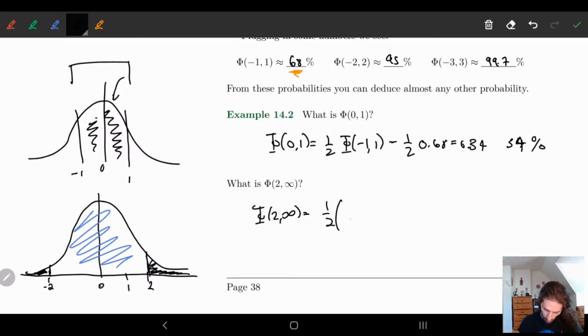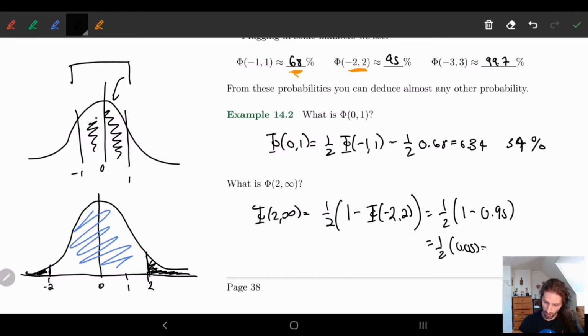So we actually have 1/2 of 1 minus phi of minus 2, 2. That's what I want to do. So a lot of this is just manipulation to try to figure out what to do. I know exactly what minus 2, 2 is from before. So I have 1/2 of 1 minus 0.95. So it's 1/2 of 0.05, which is 0.025. Right, so 2.5%.